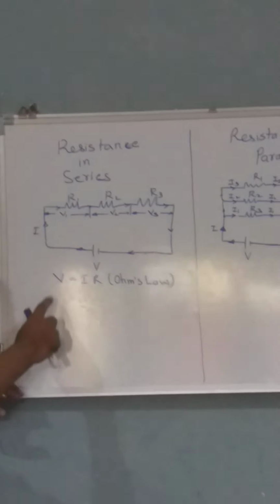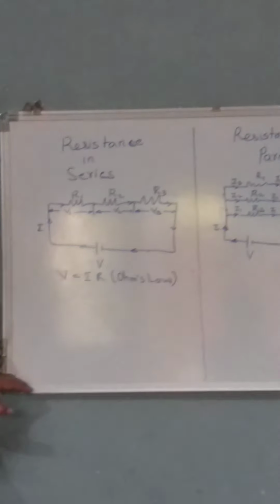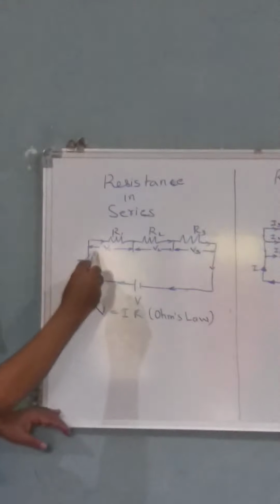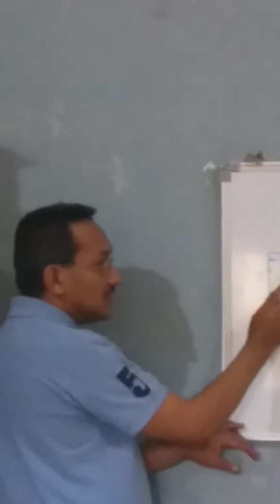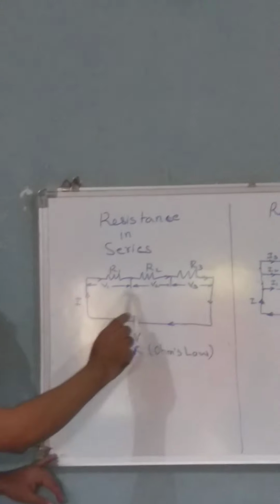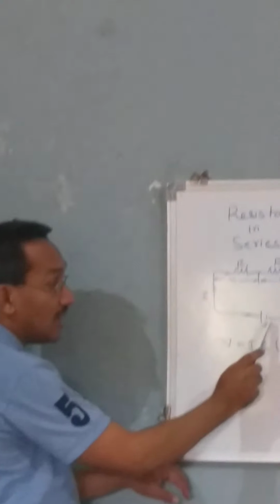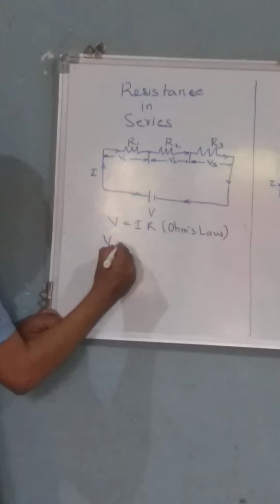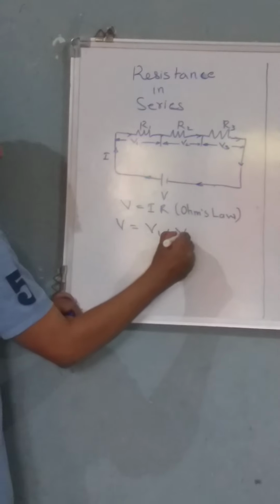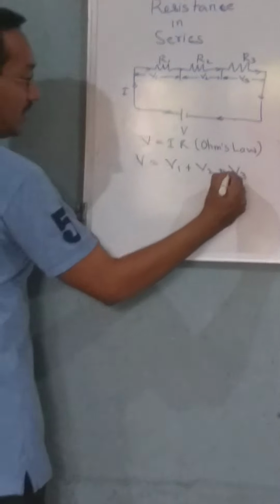Observe, V is equal to I into R. This is the basic Ohm's law, and we are using this basic equation in this case. Now we know that the same current is passing through all three resistances, and three voltages V1, V2, V3 combine to give the final voltage V. So we can write V is equal to V1 plus V2 plus V3.